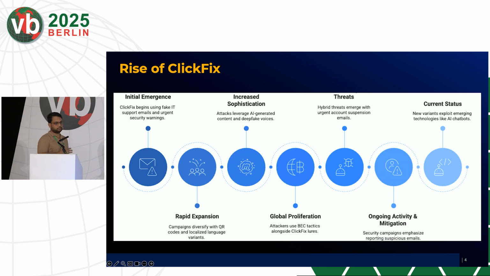The QR code was the next stage, where they send the QR code with messages or emails, along with localization of language. So the threat actors want to expand across language barriers without changing the ClickFix instructions.